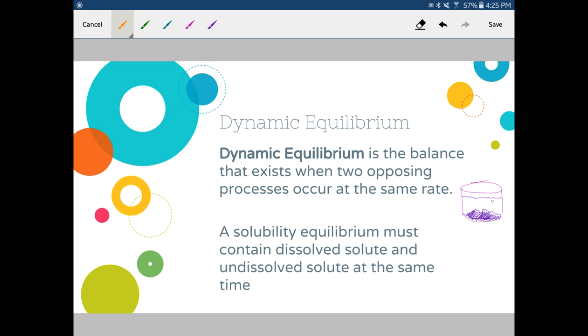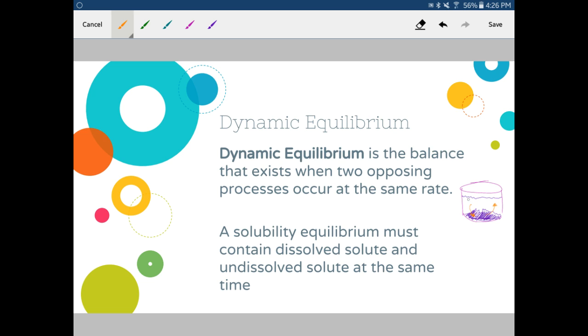Some of these sugar molecules are forming crystals and they form this sugar sitting in the bottom. However, when that happens, there's this simultaneous concept where we have our sugar crystals that are dissolving themselves into the liquid water.